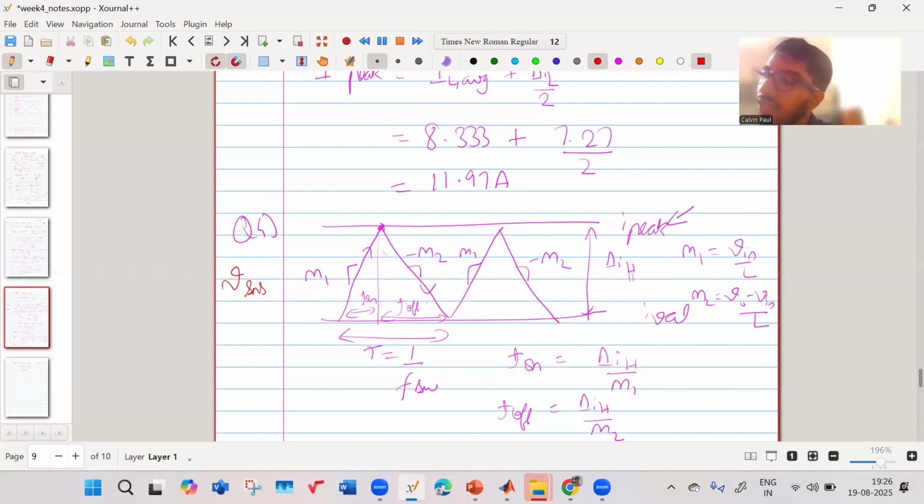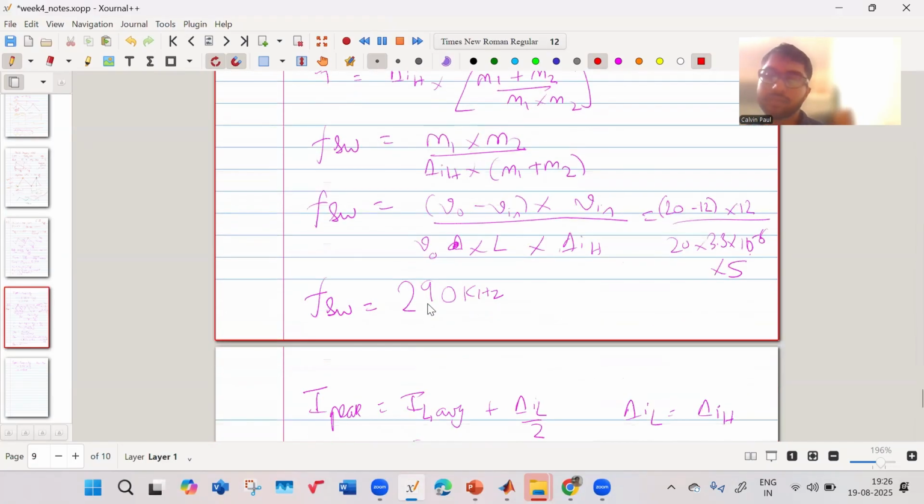And your I peak will be a V peak, which you will set through a DAC, and it should be a voltage. So this is for the practical case, just giving you some idea.